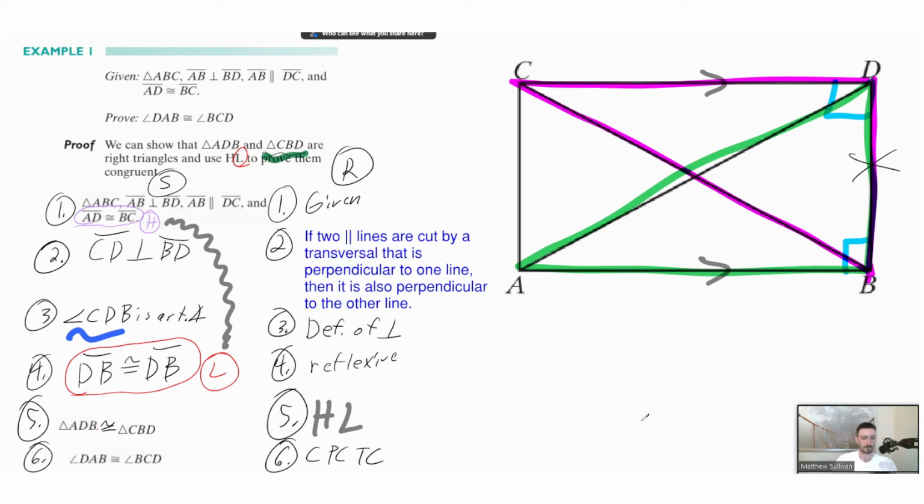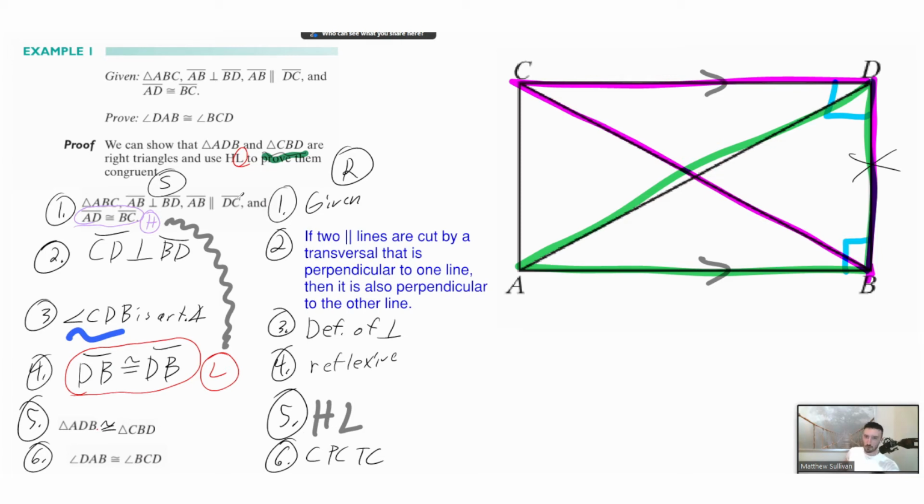It's the first part that confuses me more than the second part, figuring out which one to use. But once I've got ASA or HL or something, then it's easy from there because you only have one or two more things to do.